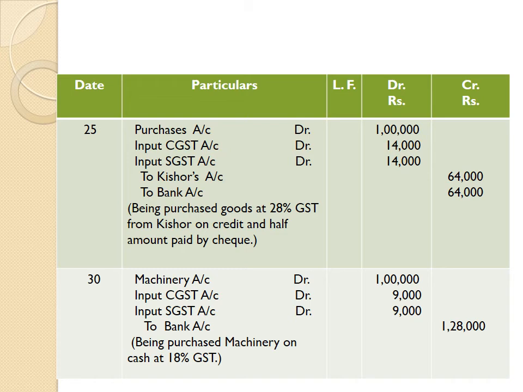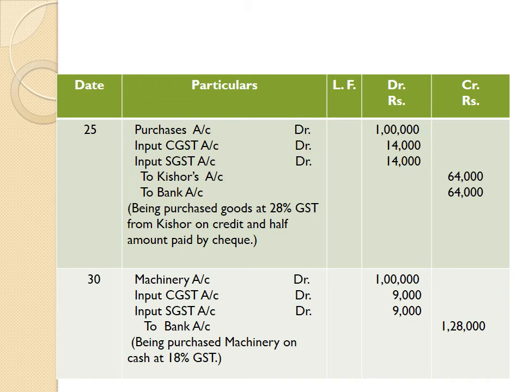This 28,000 has been divided into two parts named central GST and state GST. So 28,000 upon 2 is equal to 14,000. One part of 14,000 is concerned with central GST. The second part is concerned with state GST.